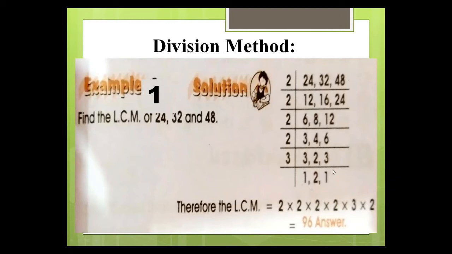Here you don't have to do any other step according to your book. But if you want to take another step, then you take 2 as a divisor, take 1 as it is, 1 as it is, and divide 2 by 2, then the answer is 1, 1, 1.